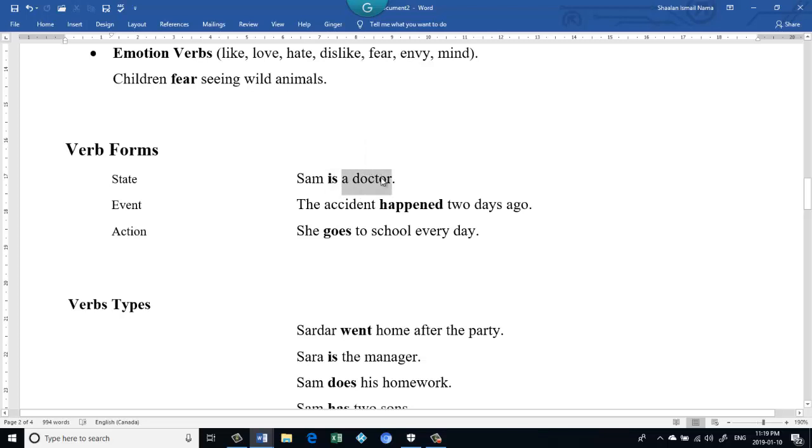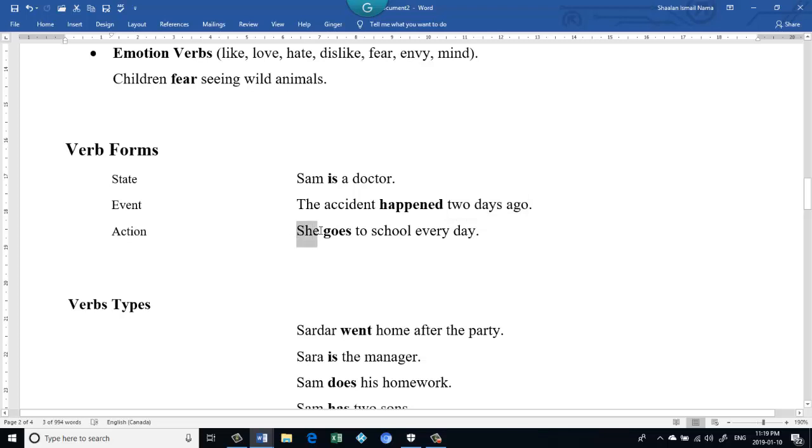We have it here. We said that a verb could be an event. The accident is the subject. Happened is the verb. 2 days ago is acting as an object. Or our verb could be an action.